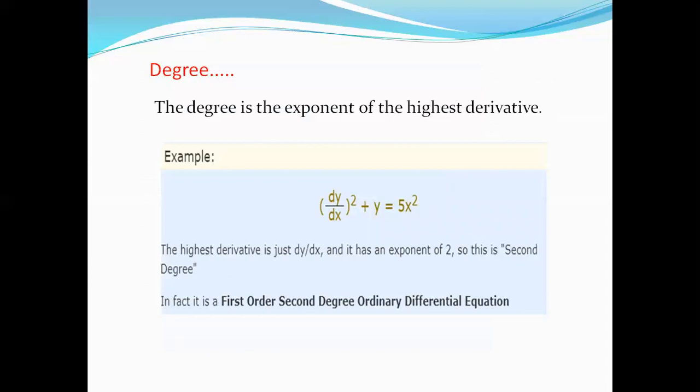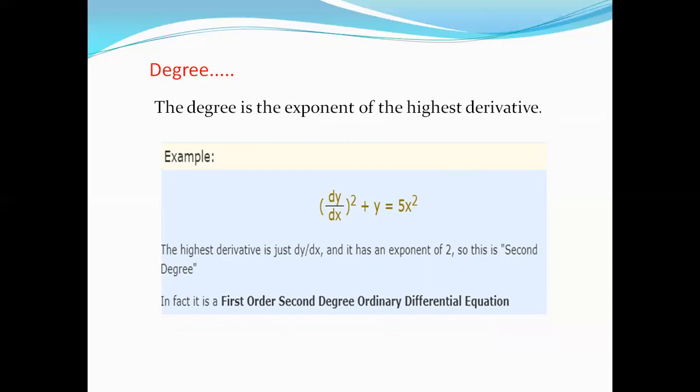Now degree. So what is degree? The degree is the exponent of the highest derivative. Now example, dy by dx whole square plus y is equal to 5x square. The highest derivative is just dy by dx and it has an exponent of 2.